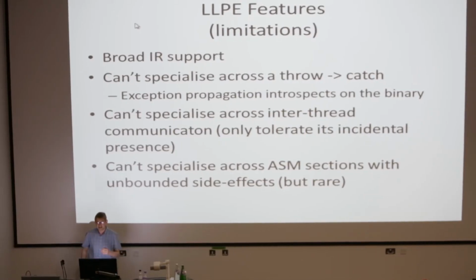And then, of course, the other big limitation is when we hit big, horrible assembly sections that could do anything. All bets are off. Those are thankfully rare, as I've been doing it so far, and that's because I've been specializing programs that are in a fully linked all-LLVM environment.